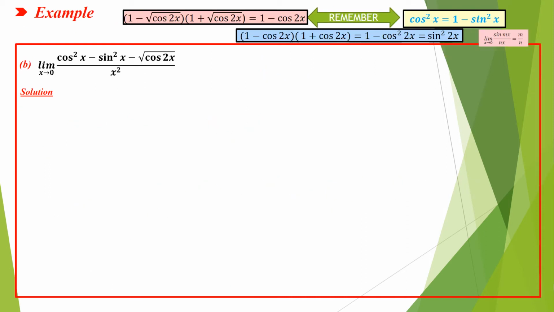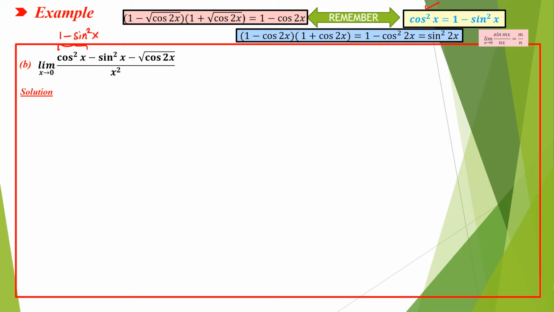In part B you have to find the limit of (cosine squared x minus sine squared x minus square root of cosine 2x) divided by x squared when x goes to 0. Firstly you have to rewrite, as you know, cosine squared x equals 1 minus sine squared x, so we can write this cosine squared x as 1 minus sine squared x.